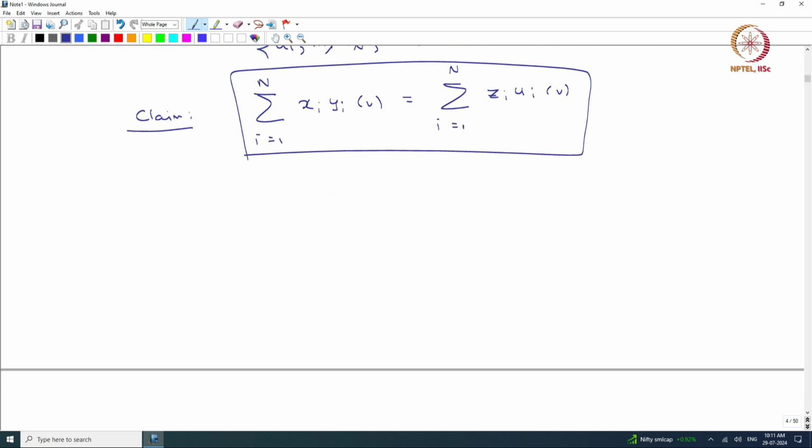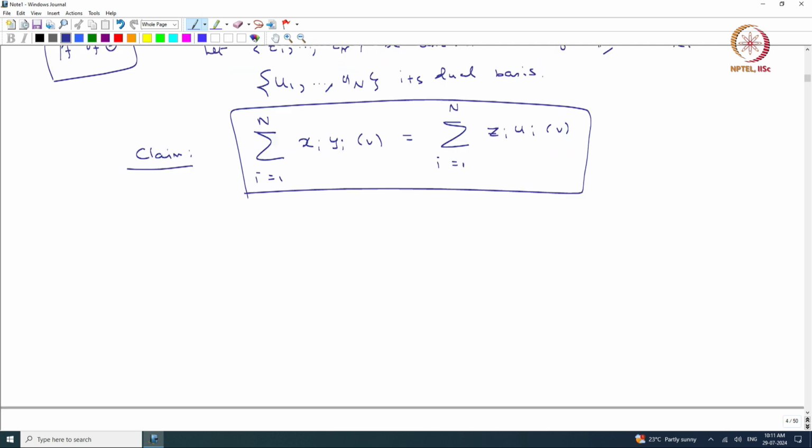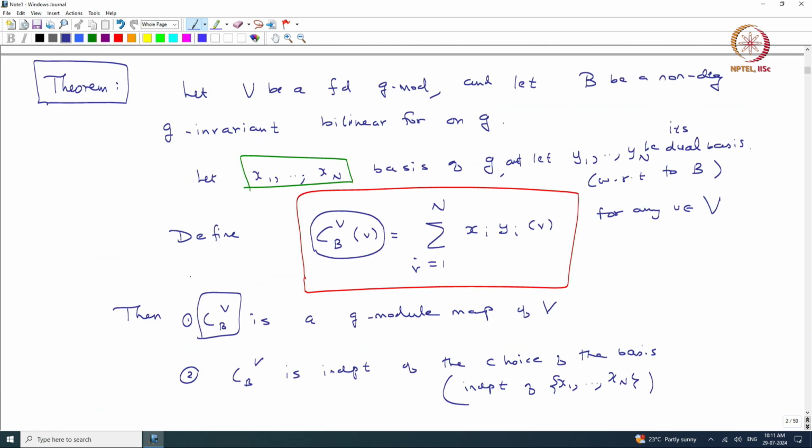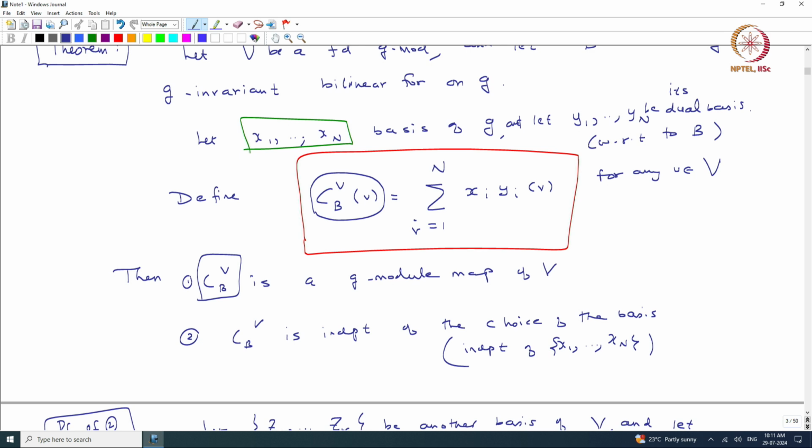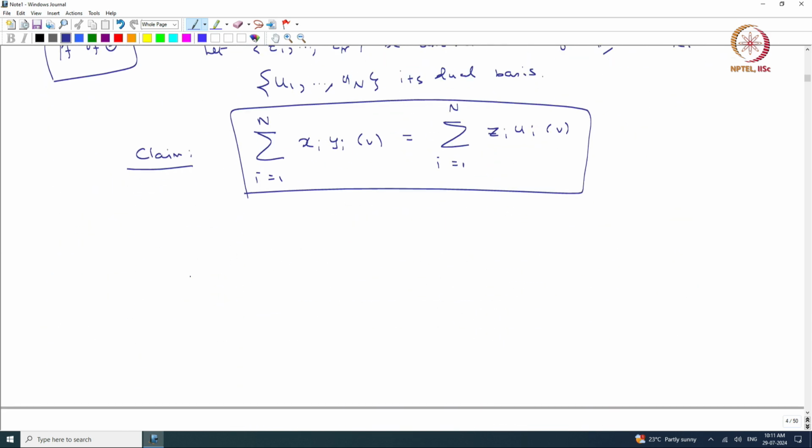This is a simple computation. Basically, we need to understand the transition matrices that one can define for x_i to z_i and then y_i to u_i. Let us call those matrices A and B and observe the relationship between them.